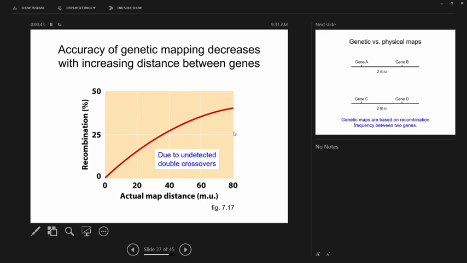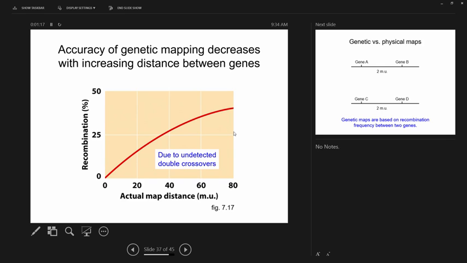The higher the frequency of recombination means the more often you get a crossover and recombination event between them, and that happens more often for the most part as genes get farther apart. But, due to undetected double crossover events, which you can't see between two genes, the actual map distance ends up being a lot higher than the recombination percent.